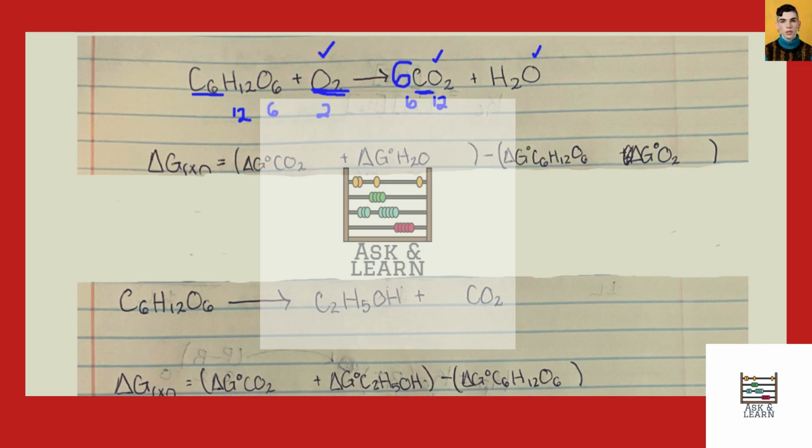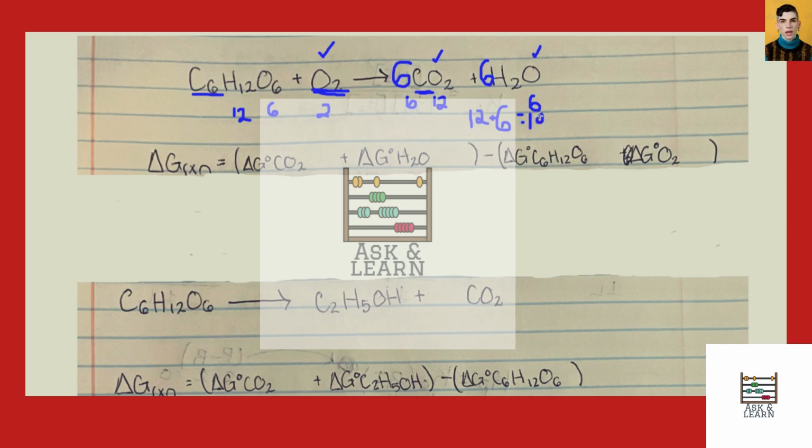So next, let's do the hydrogens. We know we have to have 12 hydrogens on this side, so we'll add a 6 there. And then that will give us 6 more oxygens. So in total on this side, we have 12 oxygens plus 6 oxygens, so 18 in total.